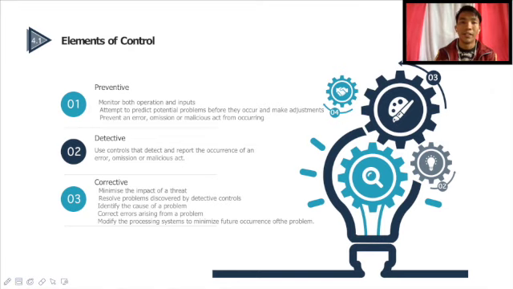Are there controls in the organization or in the system alone to prevent error, omission, or malicious act from occurring? So, are there preventive control measures that are in place in the organization? Are there preventive controls in place in the information system?